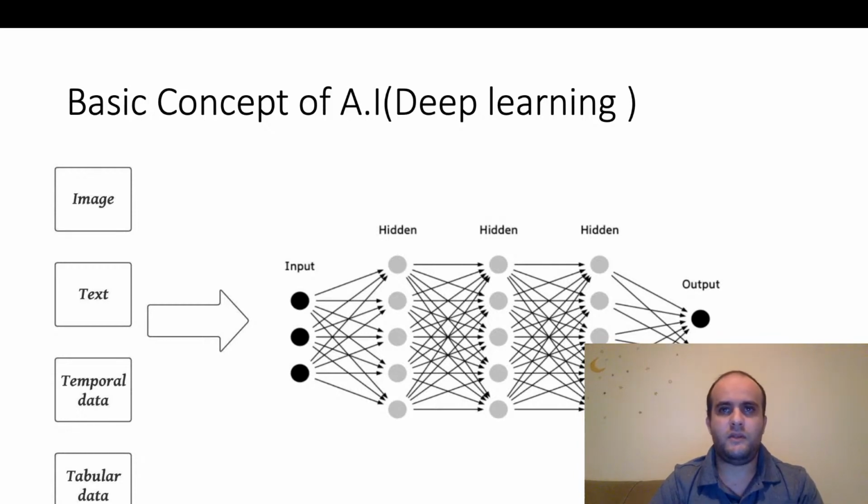The output can be a different type of cancer, for example, whether there is breast cancer in this image or not. So we take an example and send it through mathematical functions that consist of weights and biases, through forward and backward propagation. We learn how every pixel contributes towards the output.